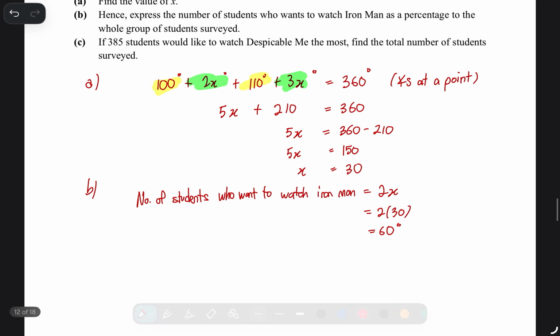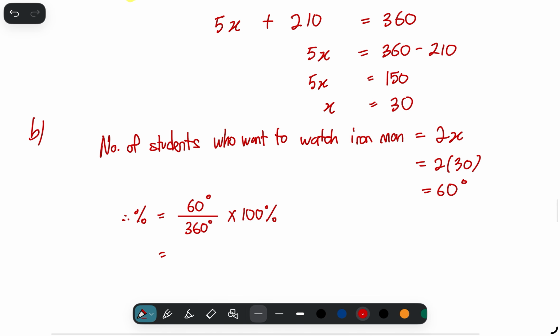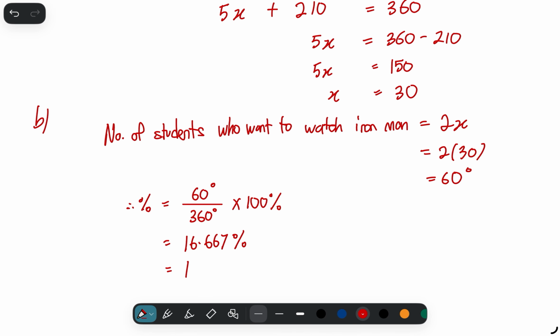Very simply, therefore, percentage will be equals to 60 degrees out of 360 degrees times 100%. Okay, and the answer will be 16.667 percent. Rounded off to 3SF will be 16.7%.